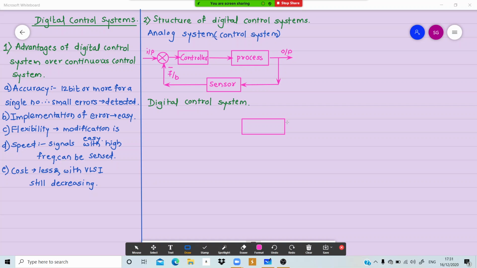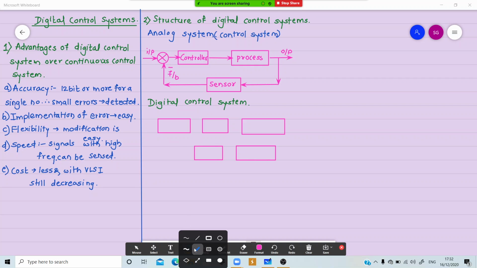So process is analog, the simple process which you handle, and the one who is going to control is actually your computer, right? So whatever will be the output of the computer will be digital one, so that digital output should be converted into analog output. So you should have DAC over here. Then whatever will be the output, given to the sensor, again your sensor is analog one, but you want to give signal to your computer, so it should be discretized and then given back to the controller.